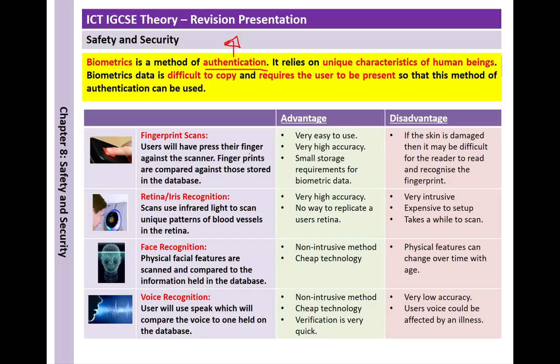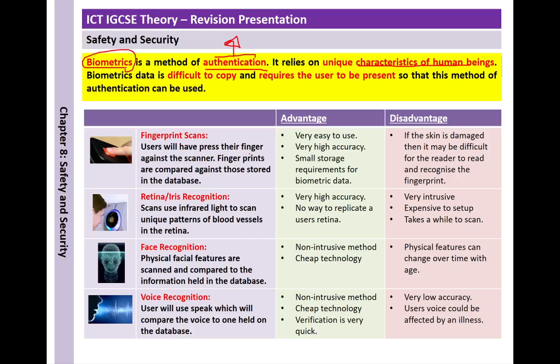But nowadays we don't rely on passwords, because passwords can be copied by people, guessed by others, or stolen. So the new way of authentication that you can see now in mobile phones and computers is using some kind of unique characteristic of human beings. This unique characteristic can be used to authenticate them, and we call it biometrics.